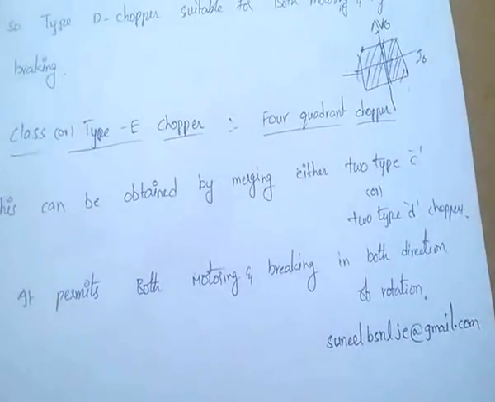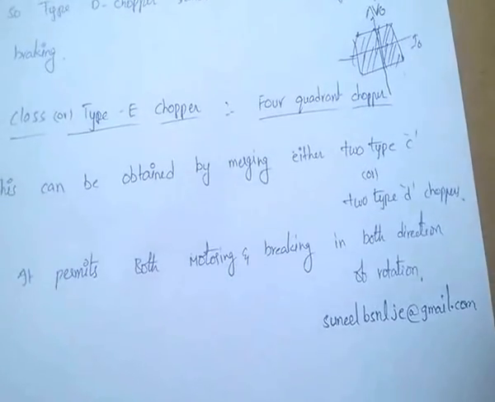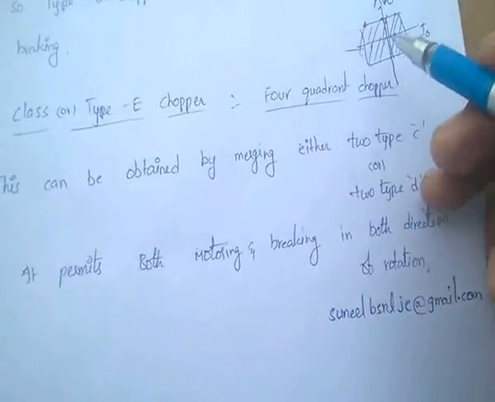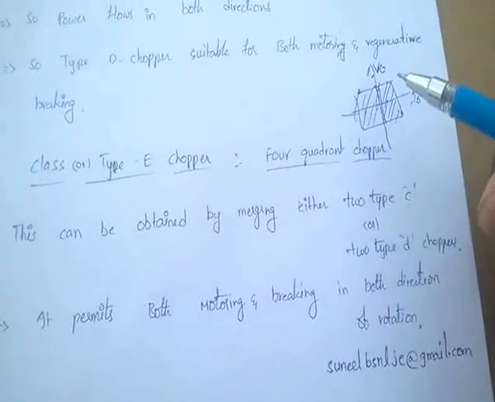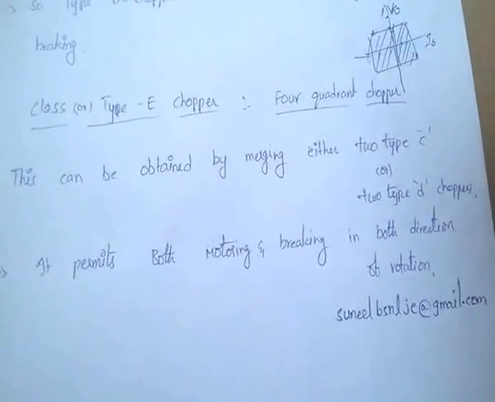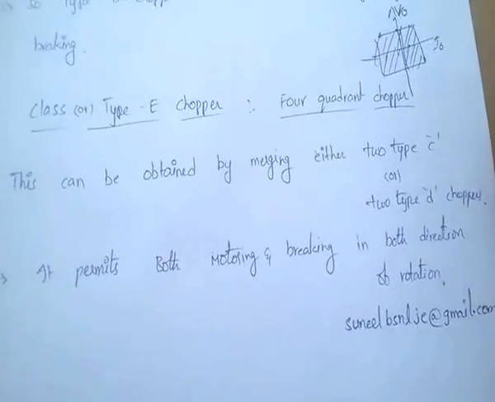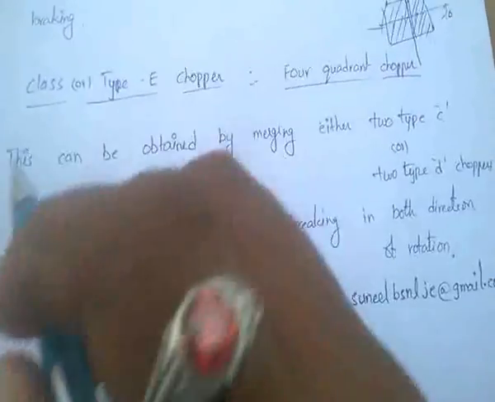This is the four quadrant chopper, the type E chopper. It permits both motoring and braking in both directions of rotation. Okay, this is a type E chopper.